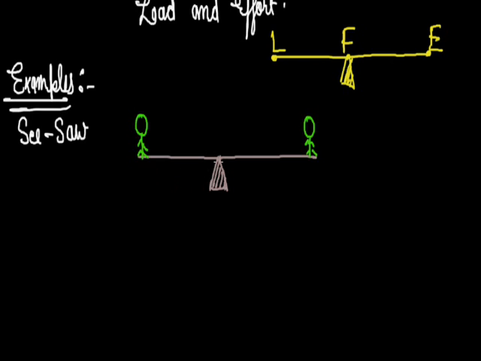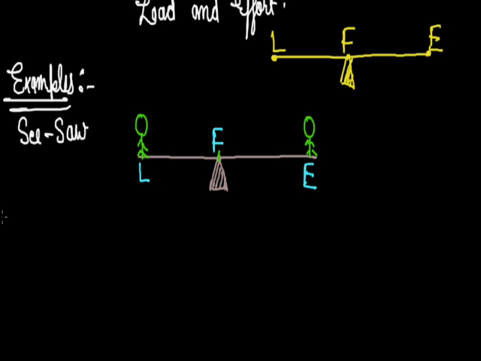In this condition, this midpoint will act as fulcrum and one of the two children is the load and the second is the effort. So this is an example of a first class lever.